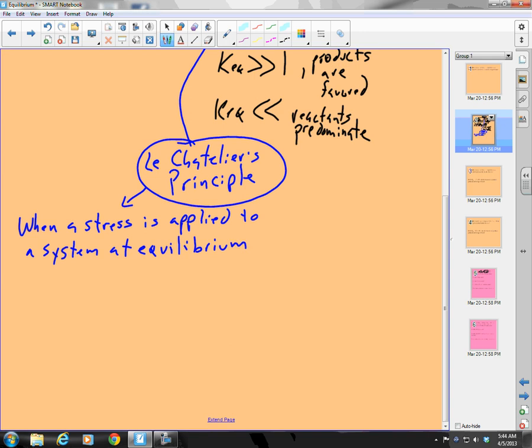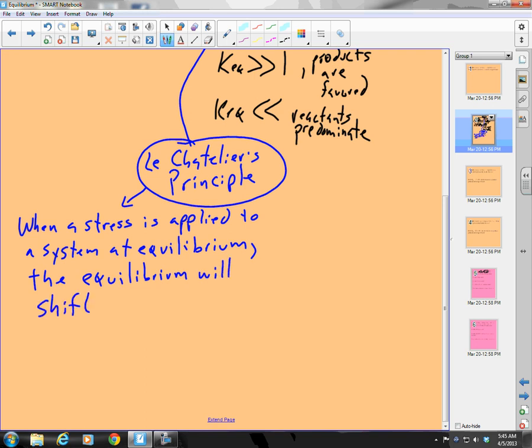Now I'll explain further what these stresses are, or at least the biggest ones. When a stress is applied to a system at equilibrium, the equilibrium will shift.